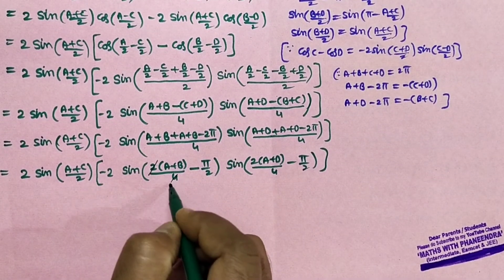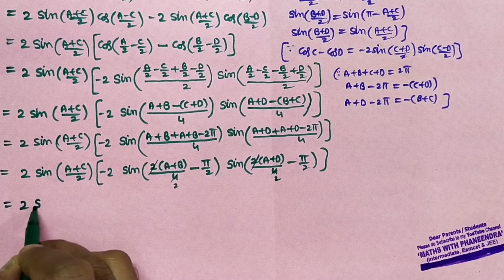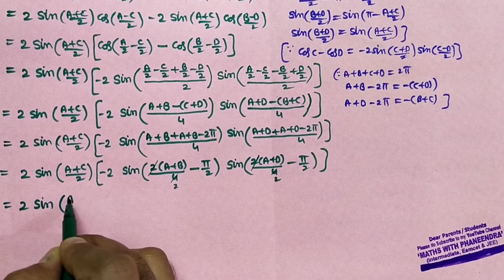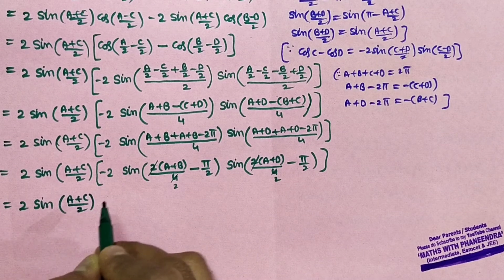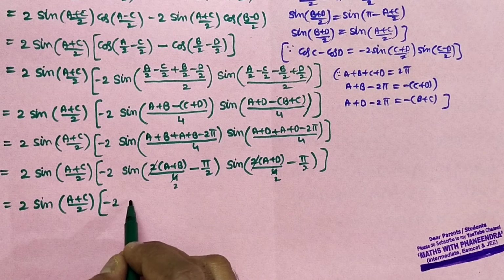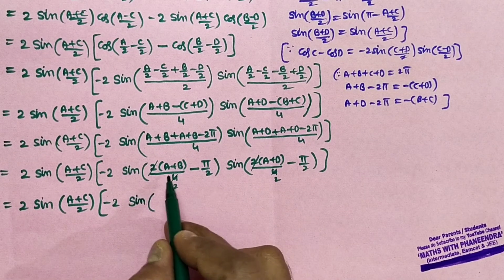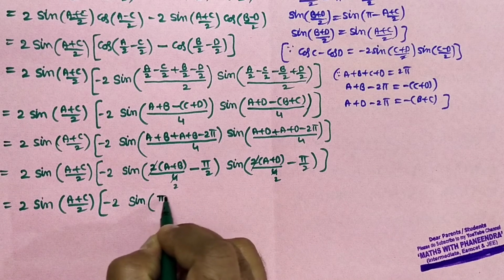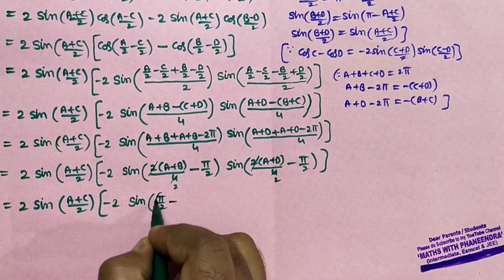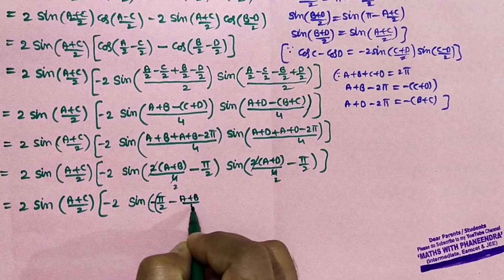Twos are twos, even here twos are twos. In the next step, 2 times of sine of (a plus c)/2 minus 2 into sine of, here what I am going to do is I am interchanging these two values. So pi by 2 minus, I am taking common, (a plus b)/4.